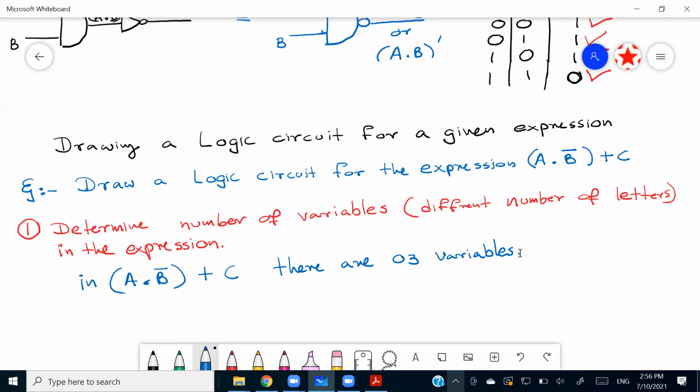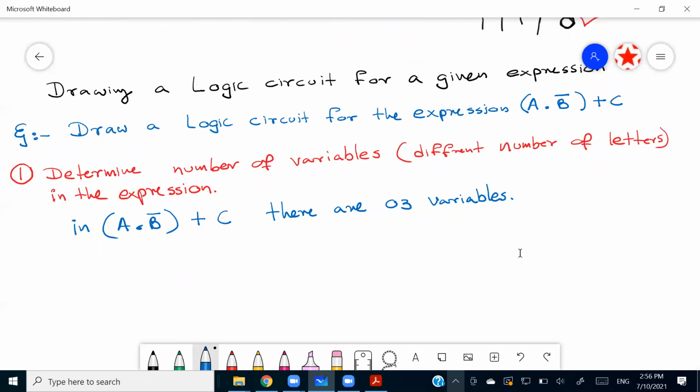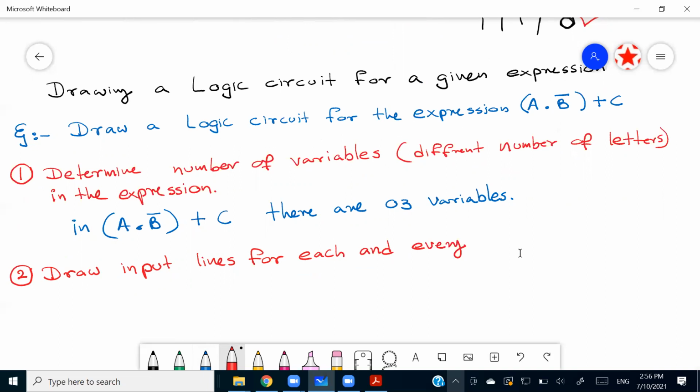So the second thing we have to do is draw input lines for each and every variable, right?